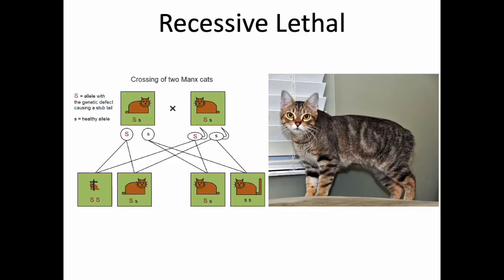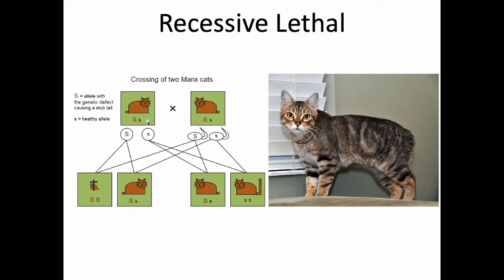Example, more cats. Here's a Manx cat. So this is a cat that does not have a tail or has an incredibly short tail. It's due to this defective stub tail gene. If you follow this up here, the healthy allele is the lowercase, the stub tail gene is the uppercase, the capital S. Again, not a letter I would choose, especially if you're doing handwriting here.